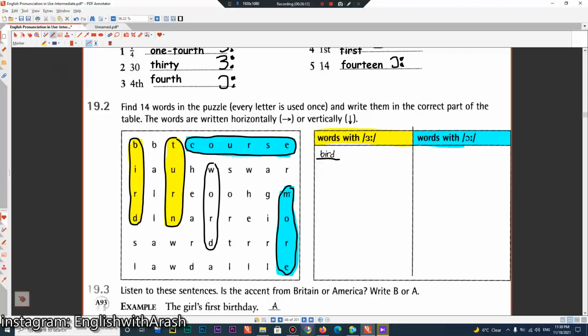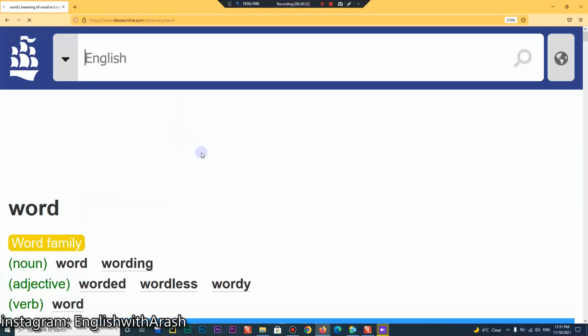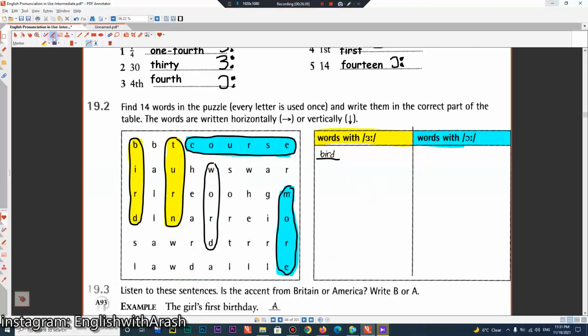Let me check word and world. If you look at the dictionary, I think it can help you. Yes, you see? So we don't say word like that, we say word. Shirt, word, world. So the dictionary can help you. Anyway, word is yellow.